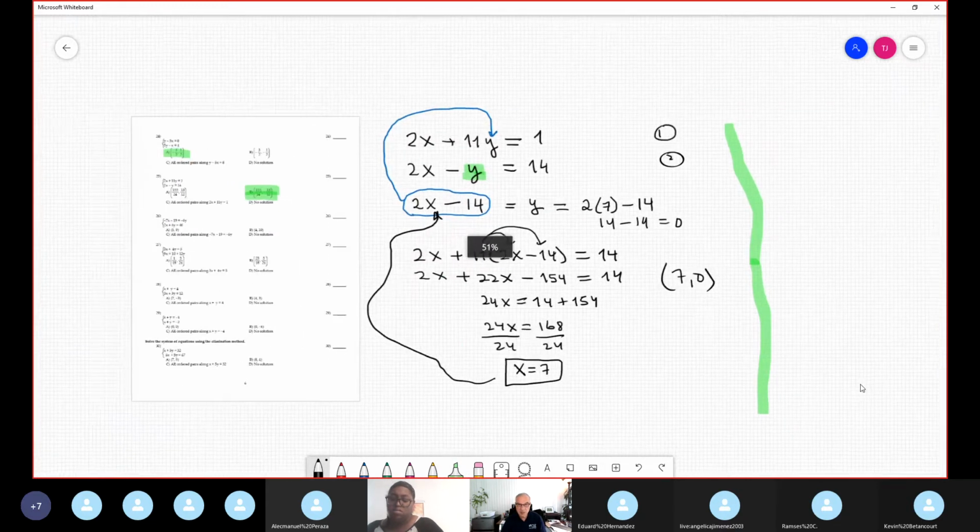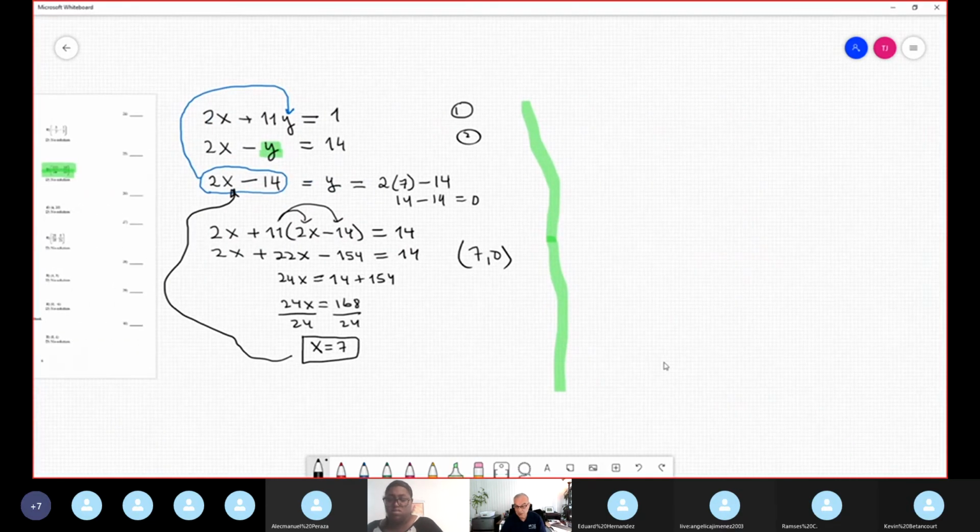Suppose, okay, I want to do by elimination because I have doubt. 2x plus 11y equal 1. And 2x minus y equal 14. Okay, remember elimination, we need the same coefficient.